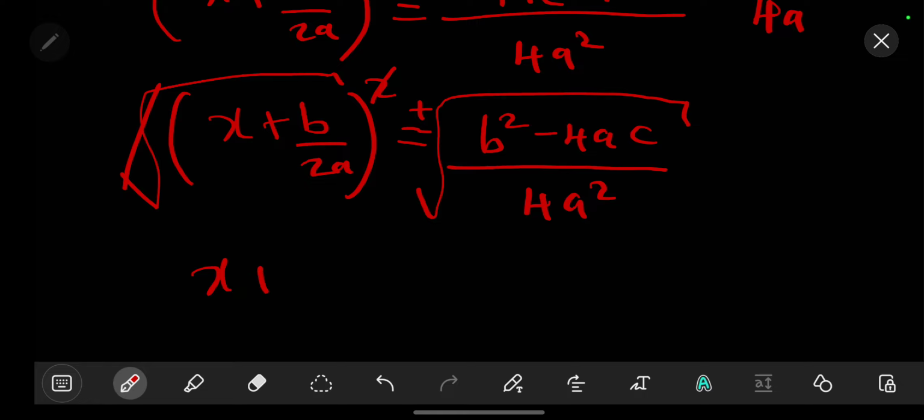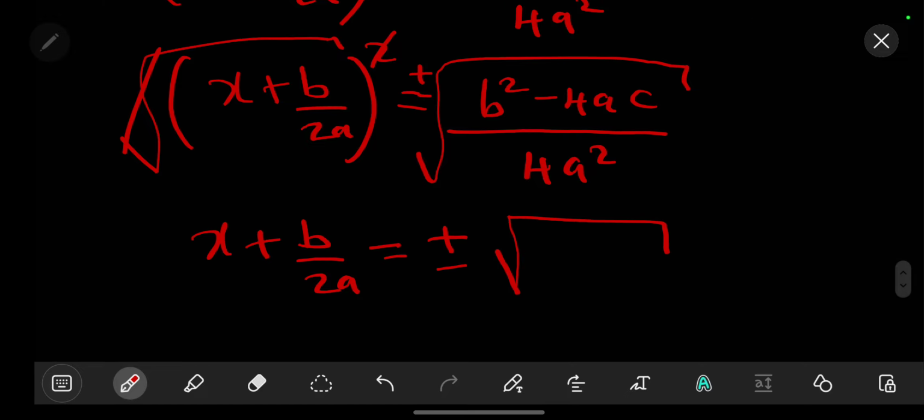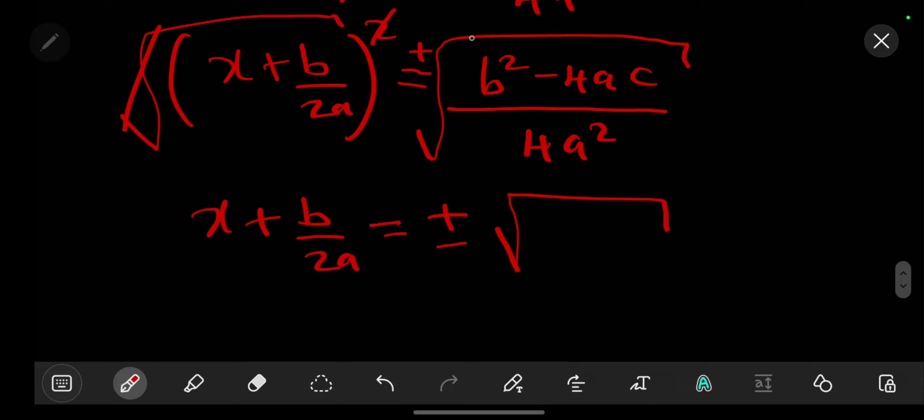So we are going to have x plus b over 2a should be equal to plus or minus the square root. Now the property of a square root is that you can write the square root here and write the square root. It's more like it's distributed also. So we're going to have b squared minus 4ac like that.